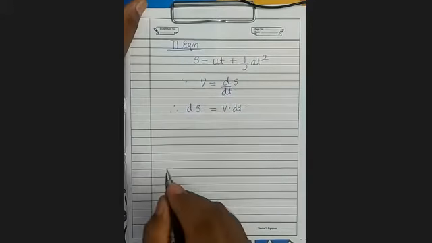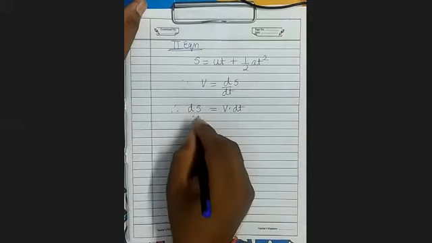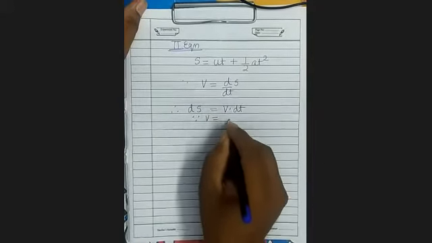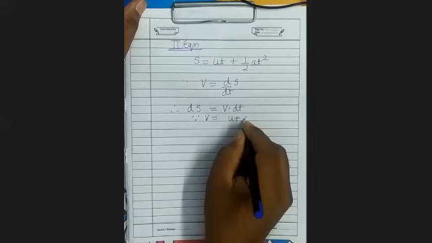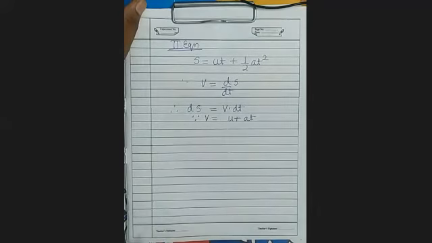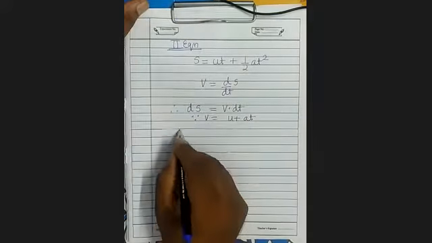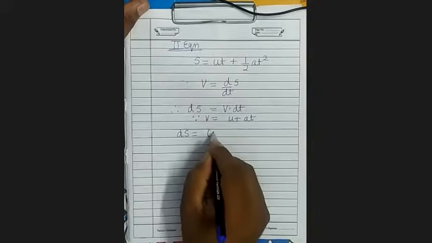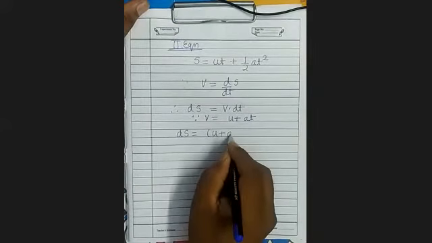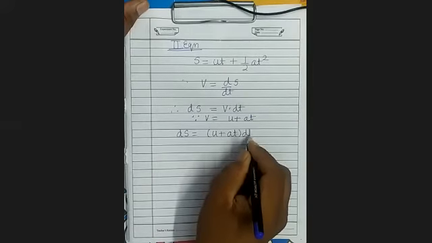But we know that v equals u plus at. Therefore, you substitute in place of v, you write u plus at. Write ds equals u plus at into dt.